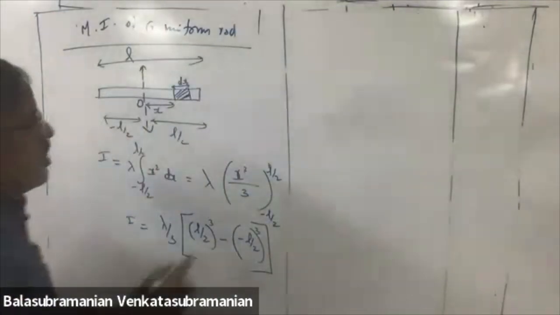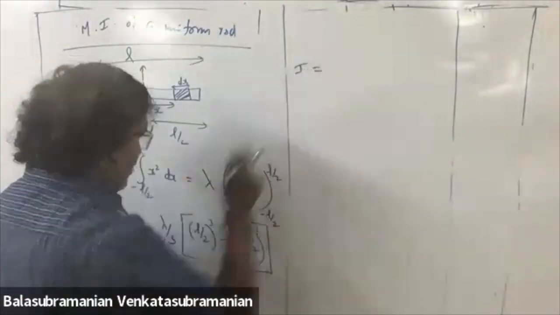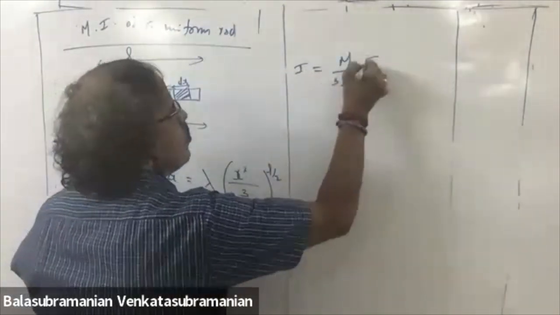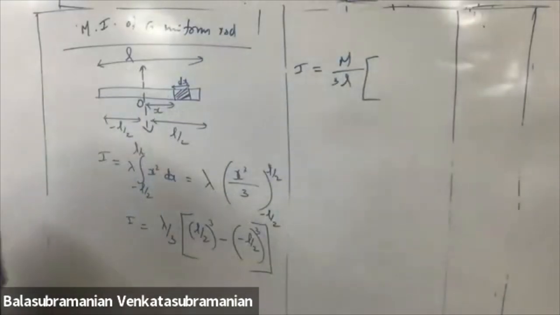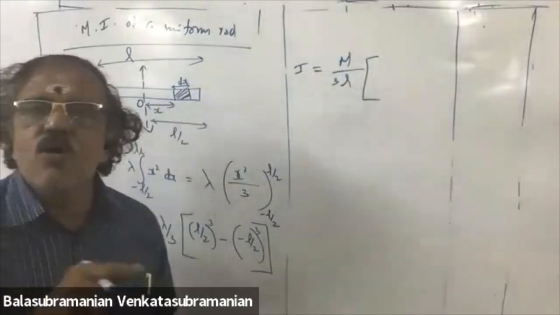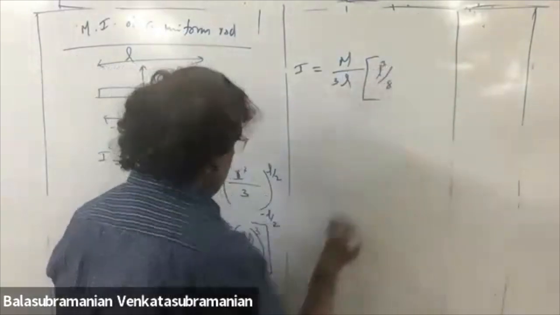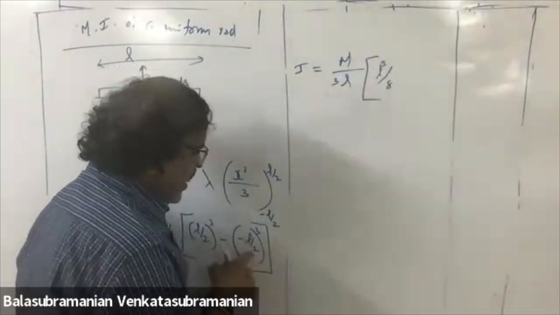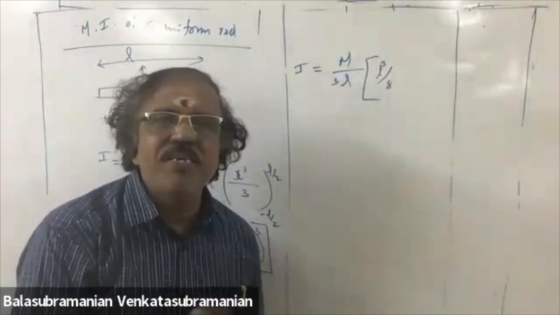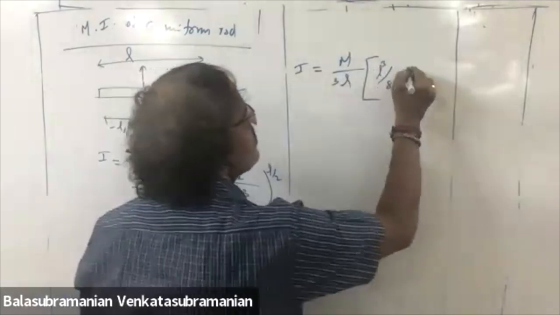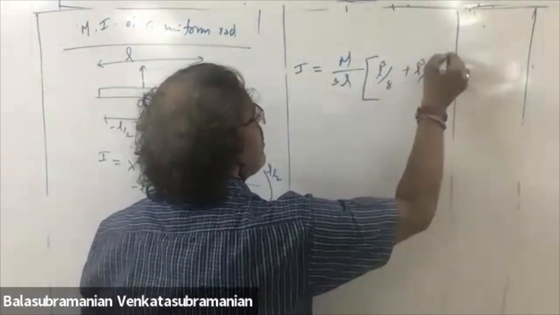What will you get? I is equal to, lambda is M by L, so you will get M by 3L. L by 2 the whole cube is L cube by 8, minus, minus L by 2 the whole cube is minus L cube by 8. So minus minus gives plus L cube by 8.